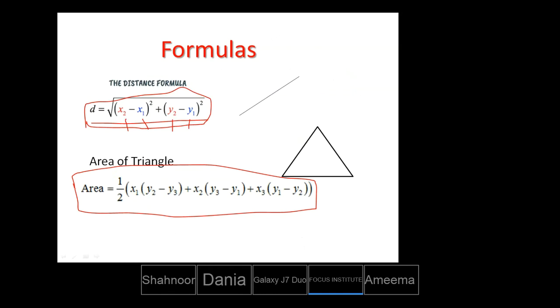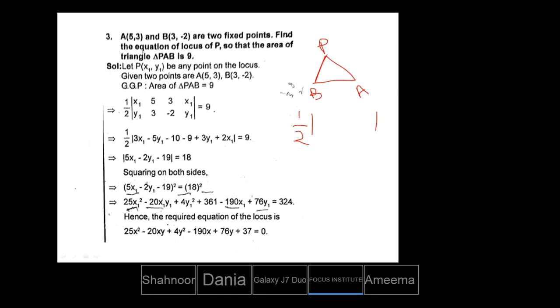Use this formula, you will get the answer. So we are applying this formula. What is P? P is nothing but x1 comma y1. What is A? 5 comma 3. What is B? 3 comma minus 2. Using this formula, apply the formula, you will get till here.